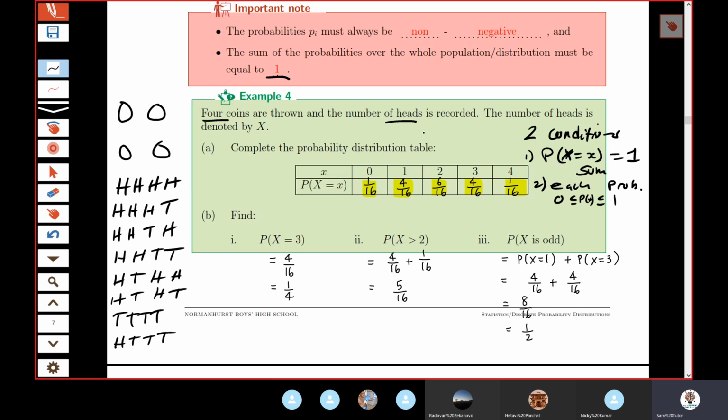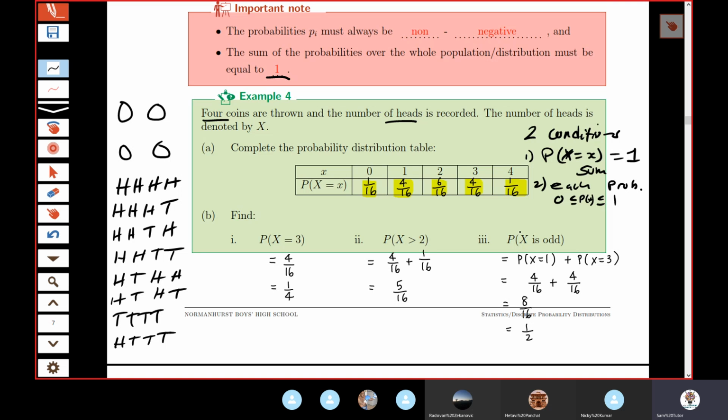All right. If we don't have any questions, then these questions are not too hard. Find probability of x equal to 3. Well, what's the probability of getting 3 heads? 3 heads, 4 out of 16. What's the probability of getting more than 2 heads? Well, more than 2 heads means 3 heads or 4 heads. So 4 out of 16 and 1 out of 16, which is 5 out of 16.